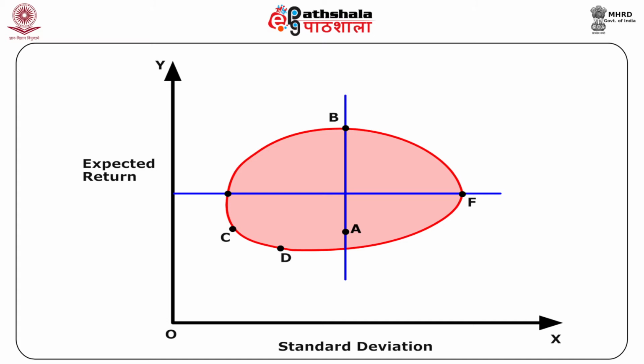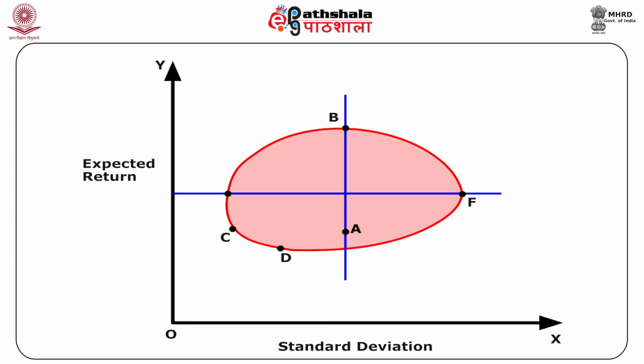Expected return is measured on the y-axis and the standard deviation is measured on the x-axis. Each possible portfolio can be represented as a single point on the risk return space with the help of expected return and standard deviation associated with it.